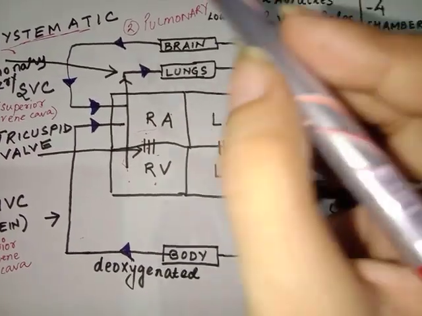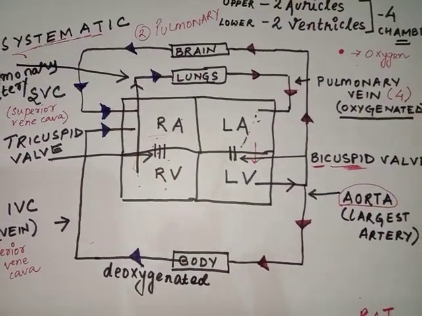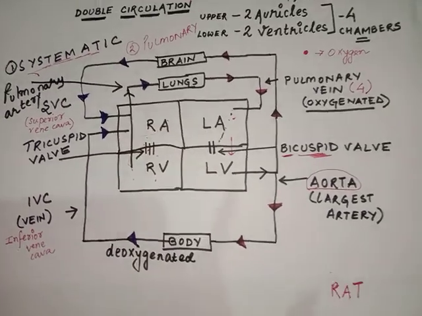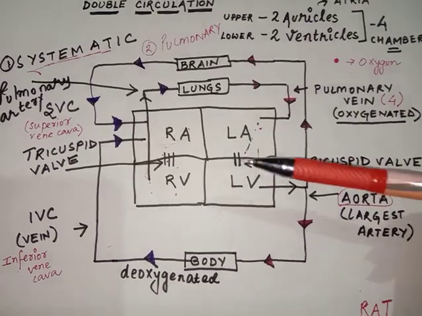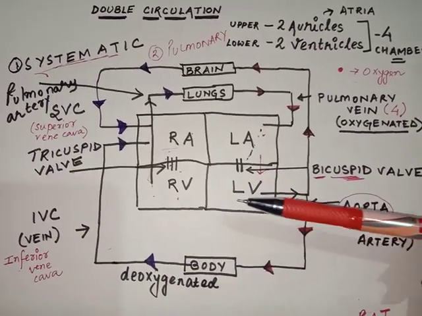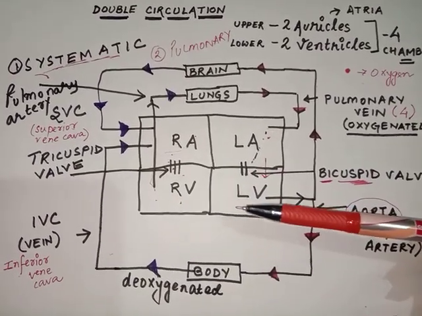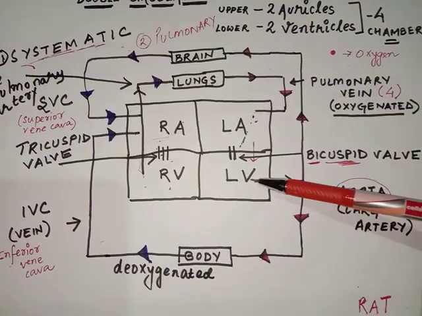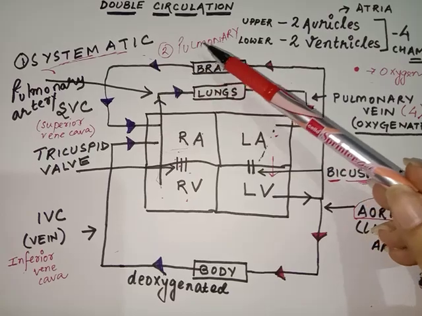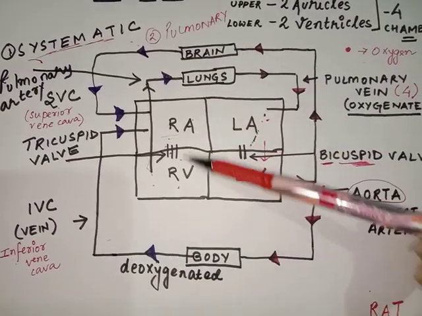So overall, if I look at the process, I can say that the blood is entering your heart twice. The first is the systematic circulation by the left side of your heart, and the second is the pulmonary circulation by the right side of your heart.